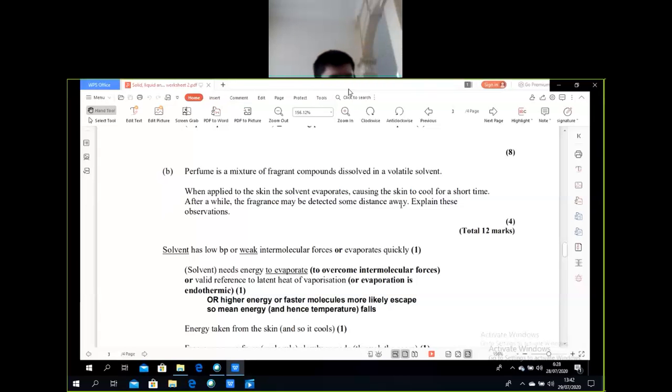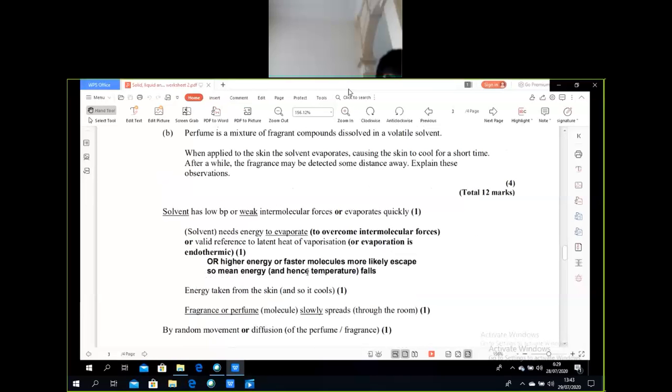Because it has a volatile solvent, the solvent has a low melting and boiling point. If it has a low melting and boiling point, then it must have weak intermolecular forces. What is the weak intermolecular force? It is the weak van der Waals. And then why does it cool? Because the process is endothermic.